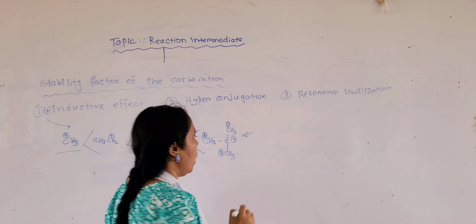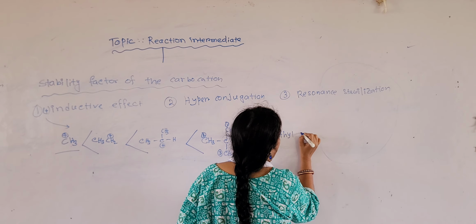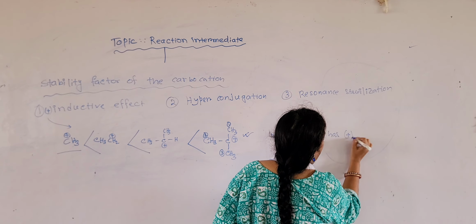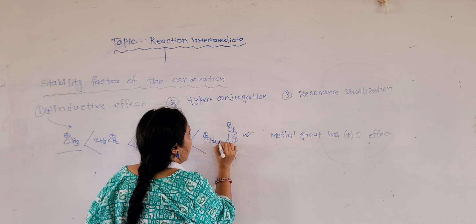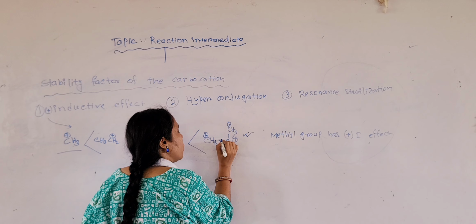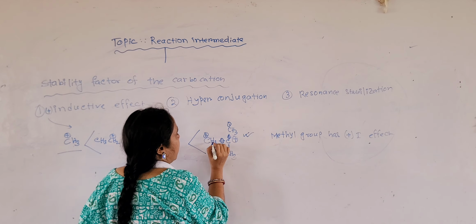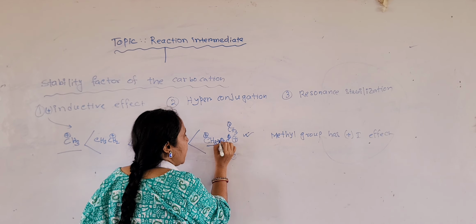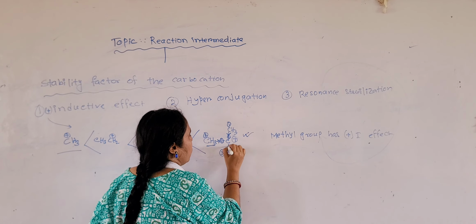We know that a methyl group or any alkyl group generally has a plus I effect. This group has a sigma bond, and any sigma covalent bond has 2 electrons. As the methyl group has a positive inductive effect, it pushes its own electron towards the positively charged carbon atom.